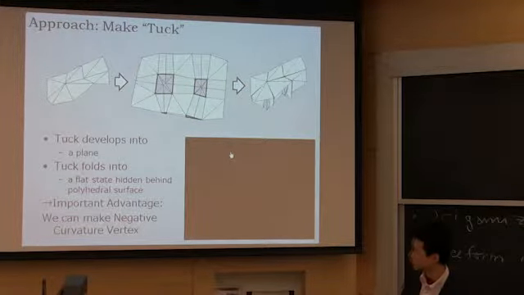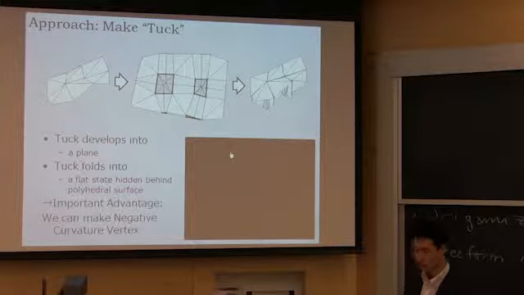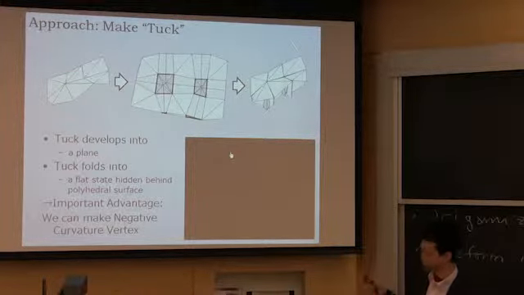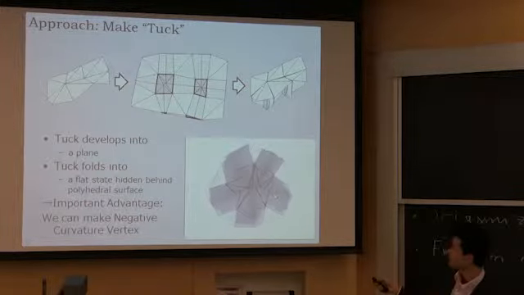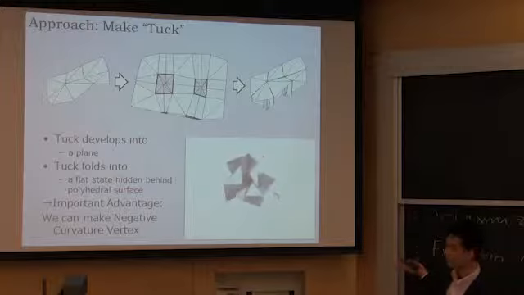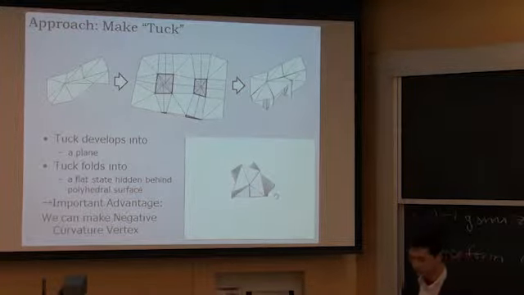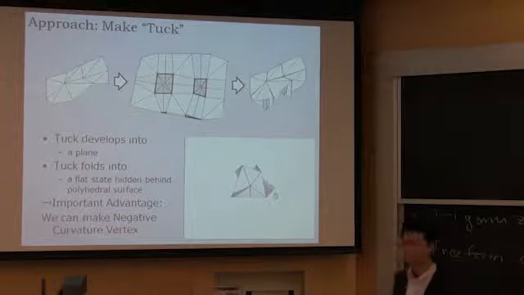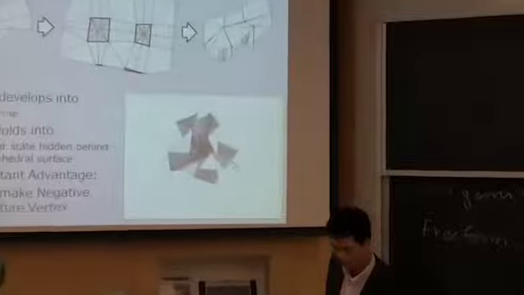By folding the tuck, it's flat folded, and it's hidden behind the polyhedral surface, like in this movie. And when it's in the developed state, it forms a plane with the surface polyhedron. So this is good because we can make a concave or negative curvature vertex.